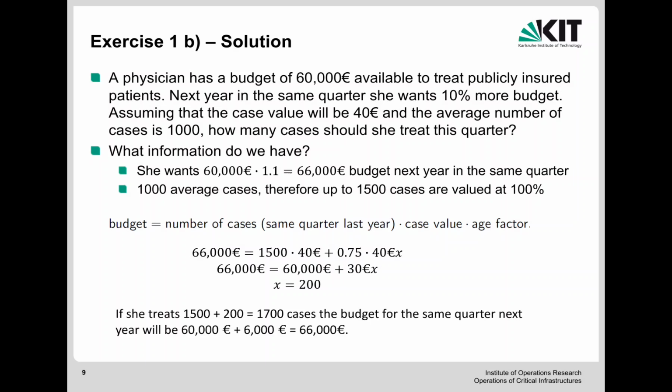And that means if she treats 1,500, for which she gets 40 euros, plus these 200 patients for which she gets 30 euros, so in total 1,700 cases she can treat if she would like to get a budget of 66,000 euros next year in the same quarter.